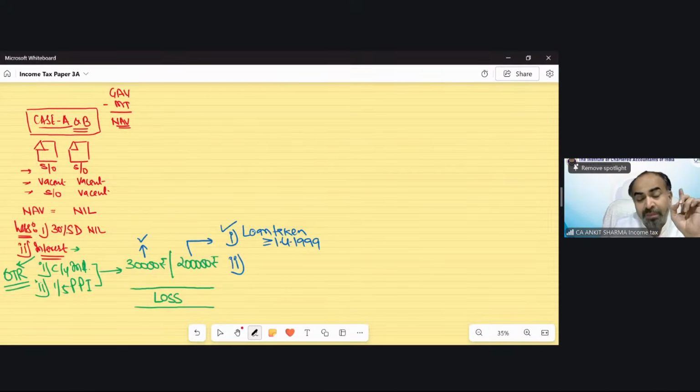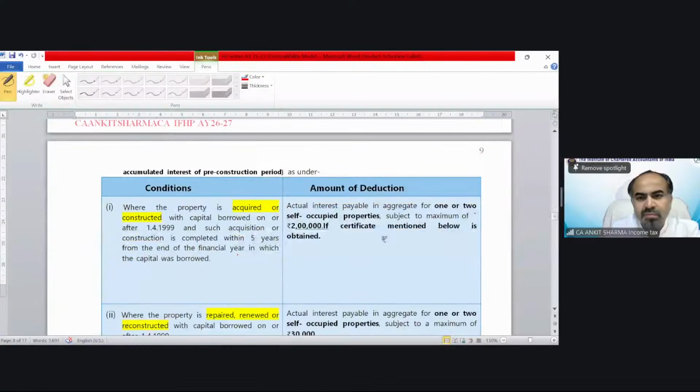So to claim the benefit of higher interest, the loan date must be on or after 1st April 1999. Was it 1999 or 1998? Just a second, let me confirm this. 1999.